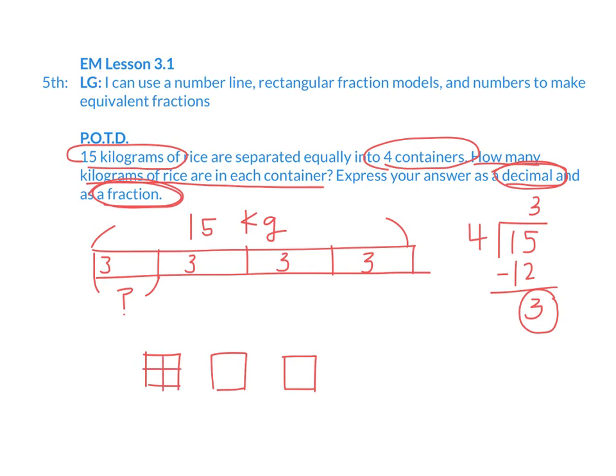Wouldn't I have to split each one into 4 containers? And this one goes here, this one goes here, and this one goes here. Don't they each get 1/4 from each one? Yeah. So how much would each one get? 3 and 3/4 of a kilogram. Do you guys see that?